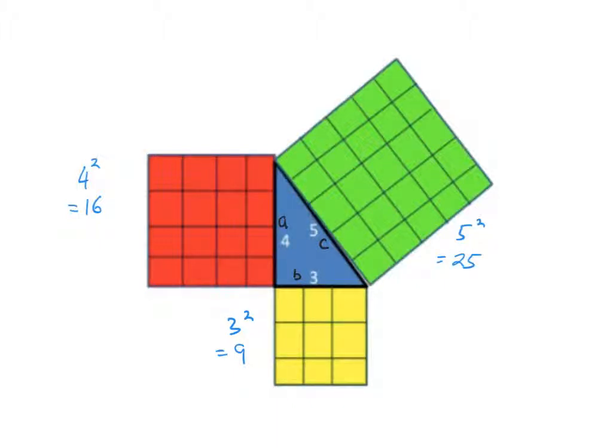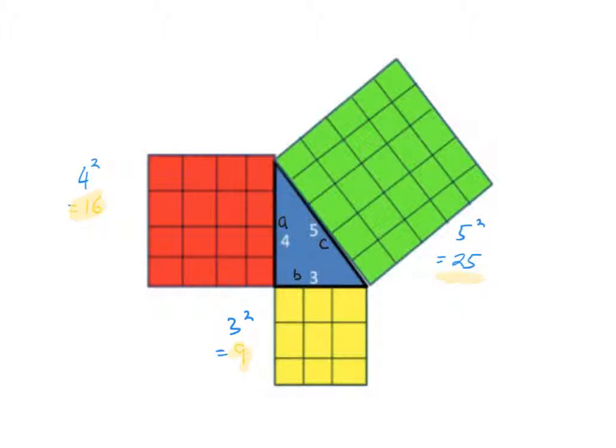So now having a look at my three areas, side A is 16, side B is 9, side C is 25. If I have a look at A and B, so 16 and 9, if I add them together, I'm going to get my longest side, which is 25.